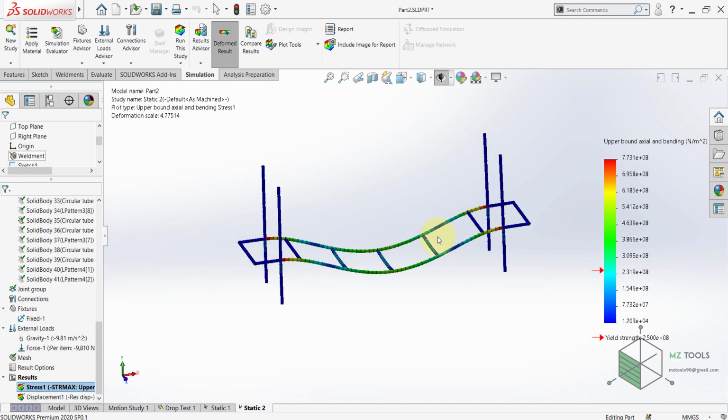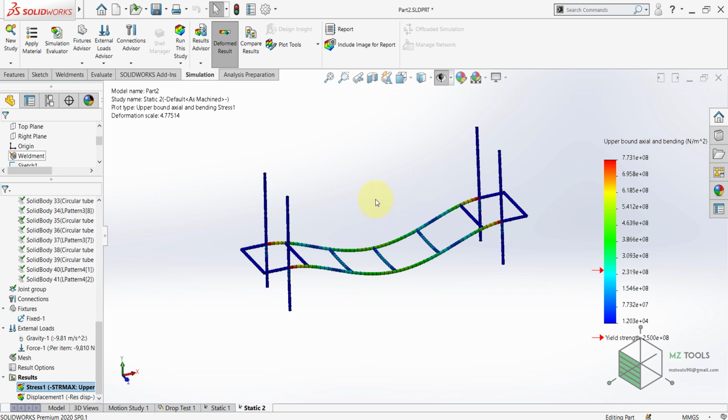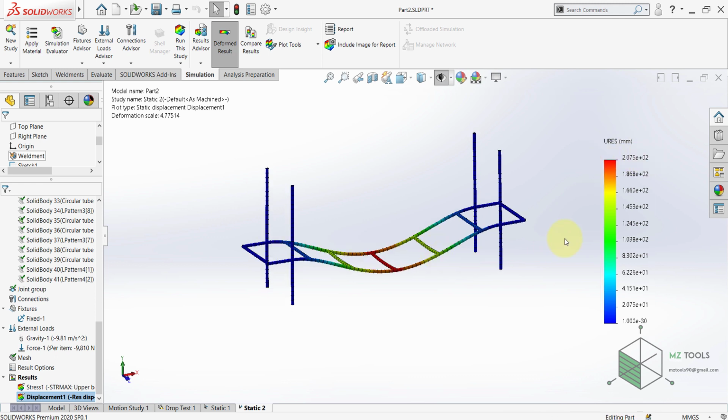Here we have failure because we have stresses over the value of the yield strength here, which means this structure will definitely fail on this kind of load. And about the displacement, we have around 200 millimeters of displacement, which is a lot in such a case.